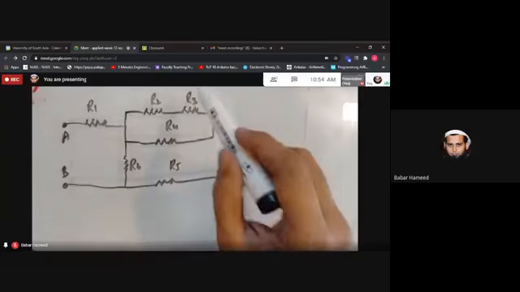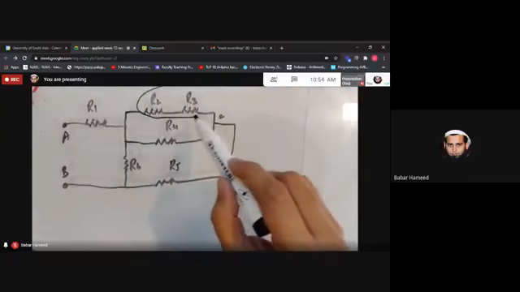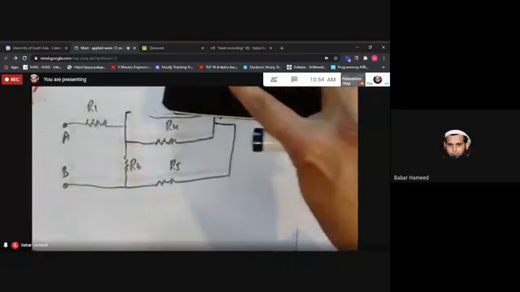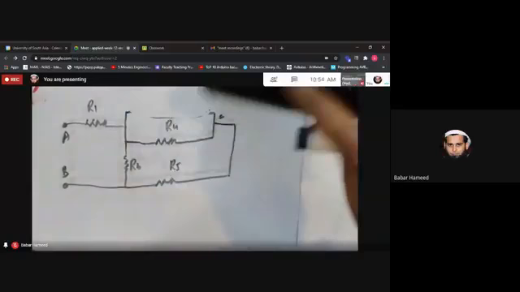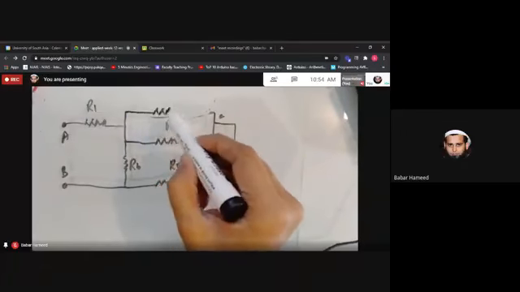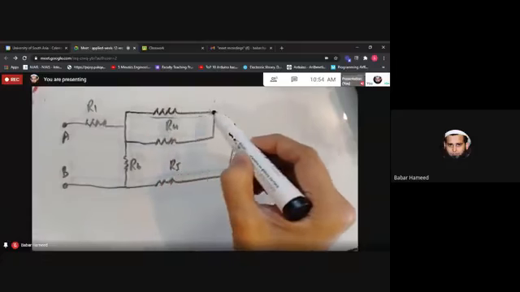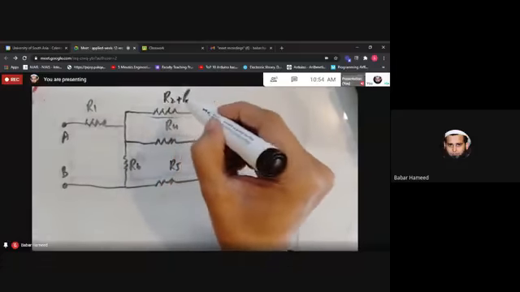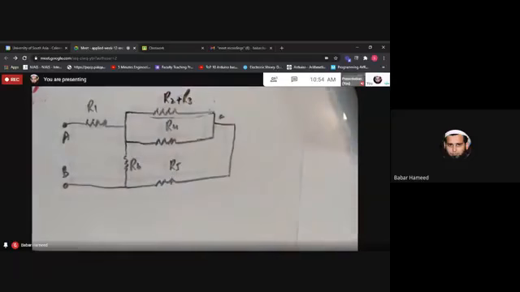The first one is R2 and R3. So replace this R2 and R3 by one resistance. This is R2 plus R3. Now, which connection can be solved?